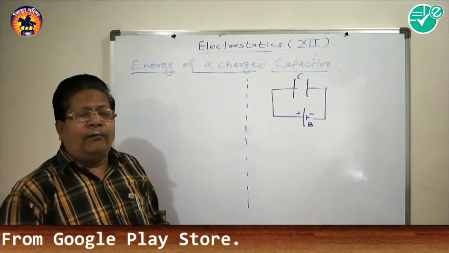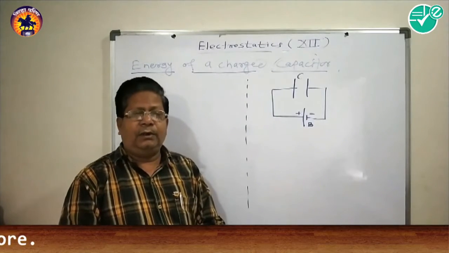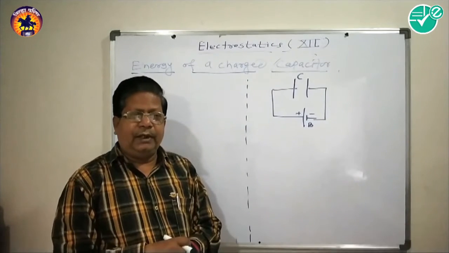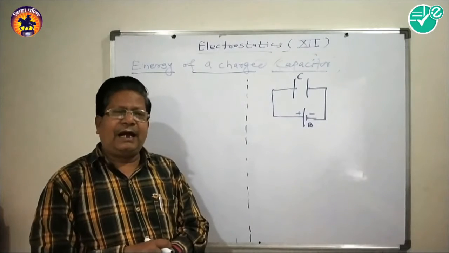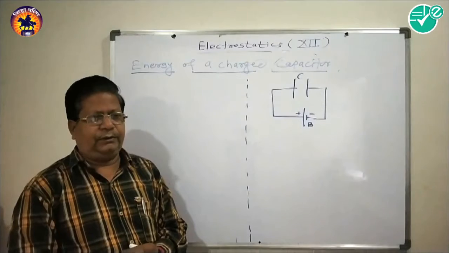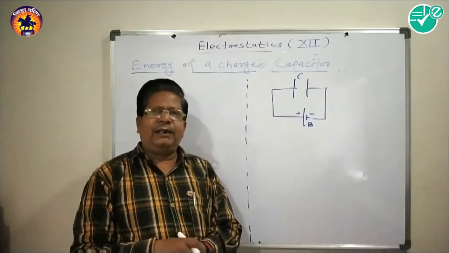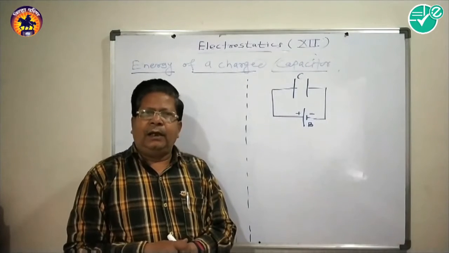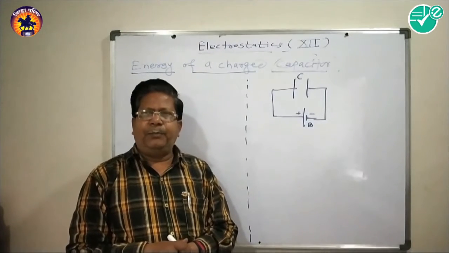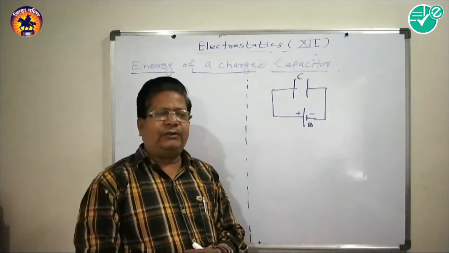Now, when this capacitor is connected to a source such as a battery, then charges are deposited on the plates of the capacitor. So, when charges are deposited, plate 1 of this capacitor acquires a positive charge.